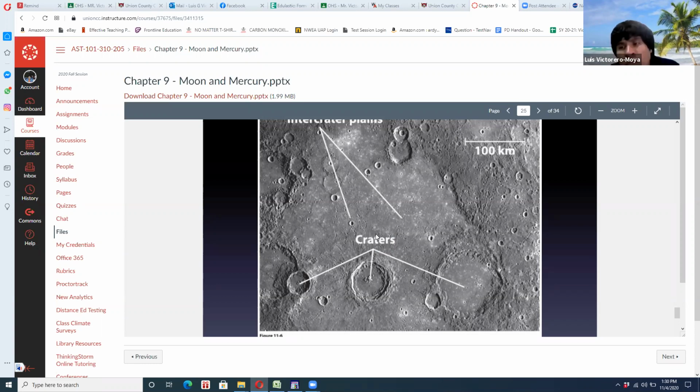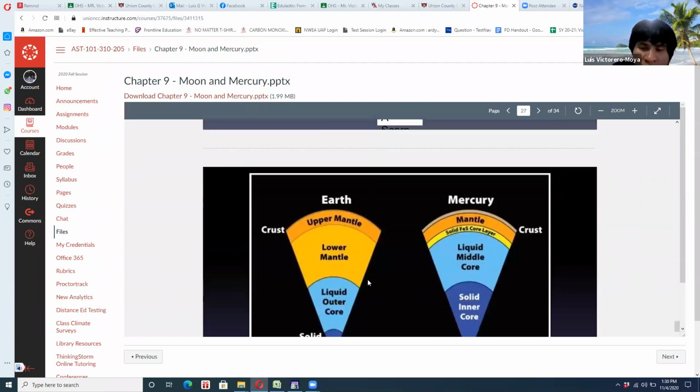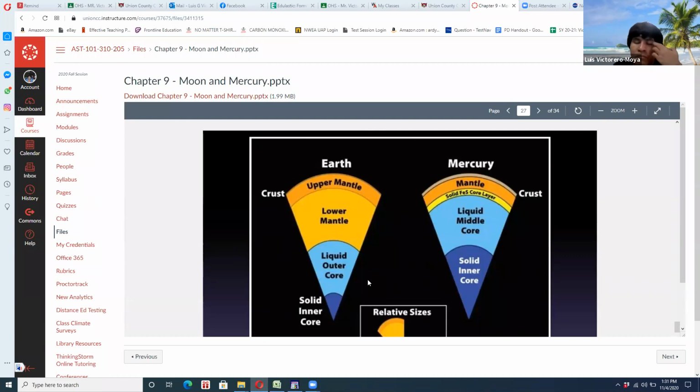Now, because of its proximity to the sun, Mercury is a very difficult planet to visit. But also, and you should remember this from the previous chapter, Mercury has a very high eccentricity. It has the most elliptical orbit of at least the terrestrial planets.